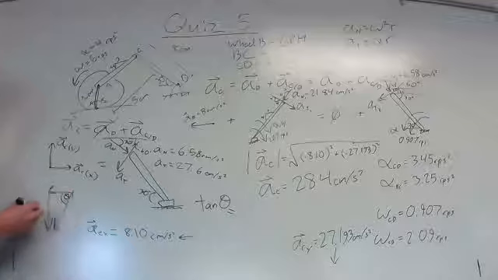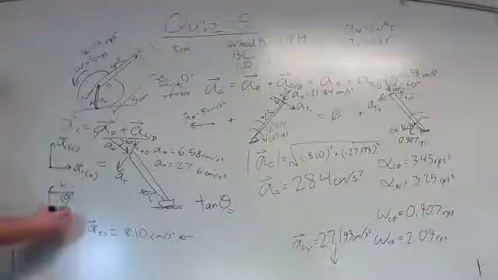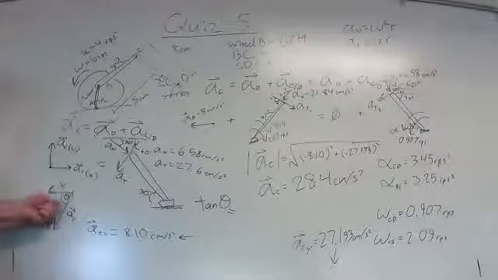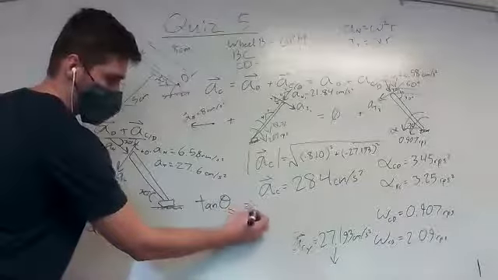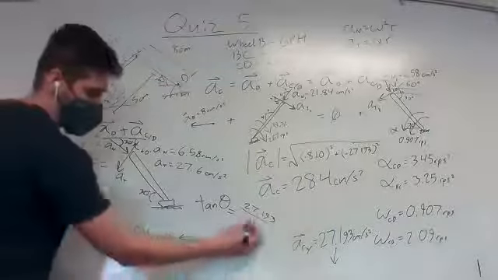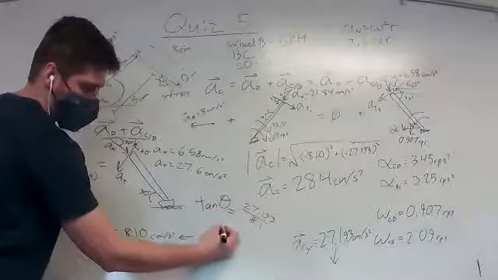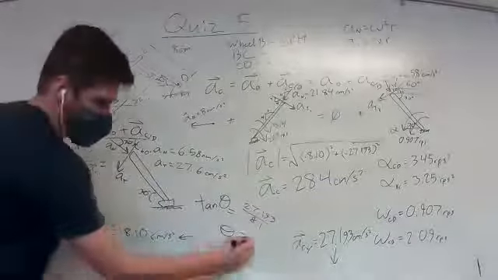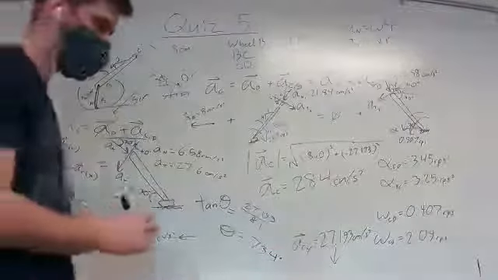Yeah. So this theta, opposite y component over adjacent x component is going to be equal to our magnitude, 27.193 divided by 8.1. So doing inverse tangent of this quantity gets us that theta is equal to 73.4 degrees.